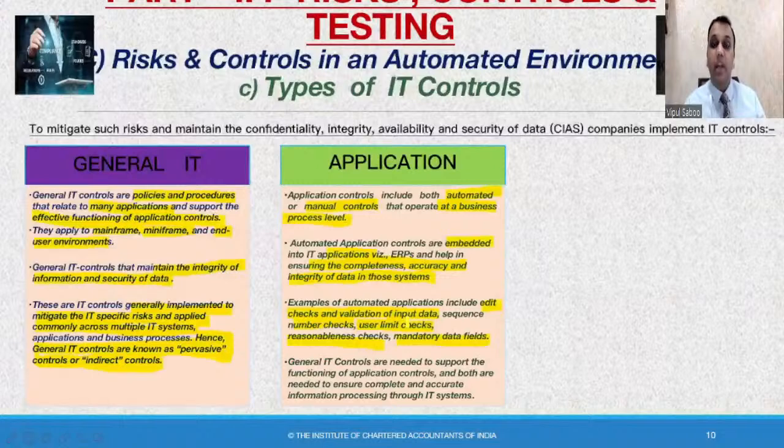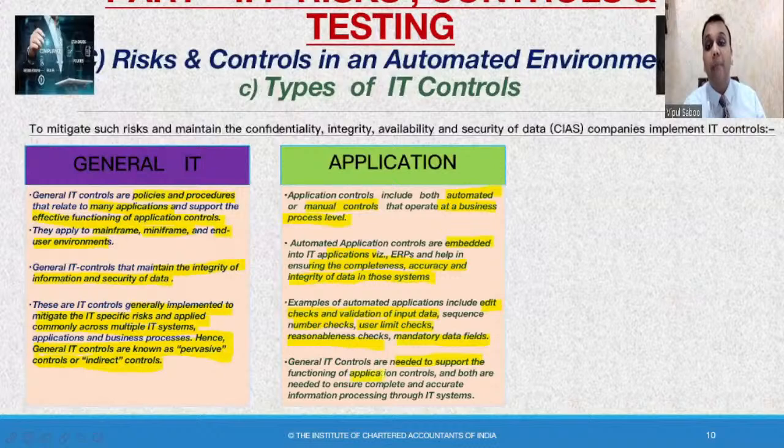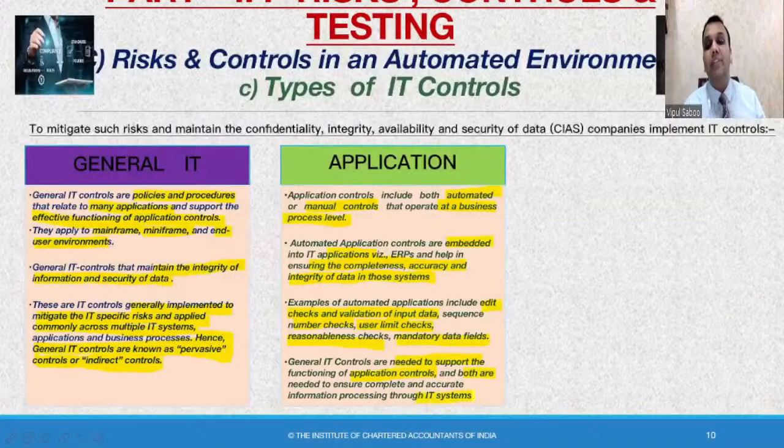Validate means it will check whatever data you have punched into the form, whether it is as per the compliance. So these are automated application controls. General IT controls are needed to support the functioning of application controls. And further, both are needed to ensure complete and accurate information processing through the IT system.